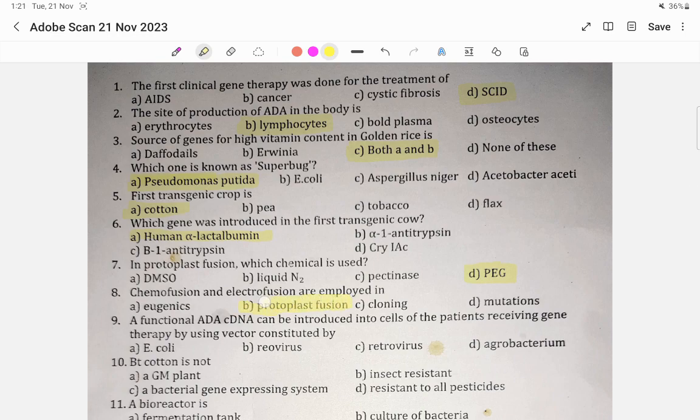Chemofusion with PEG is not mentioned in our NCERT book, but you should be aware of it. In electrofusion, in high electric fields, two protoplasts of different species can be fused. A high electric field can be used even for hybridoma technology, from which we get monoclonal antibodies. That is again outside the syllabus, but it's part of the biotechnology processes.